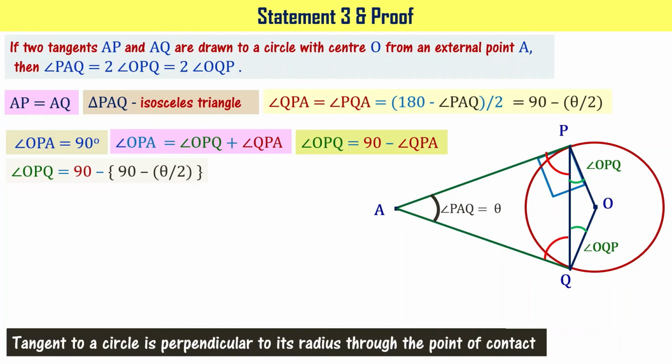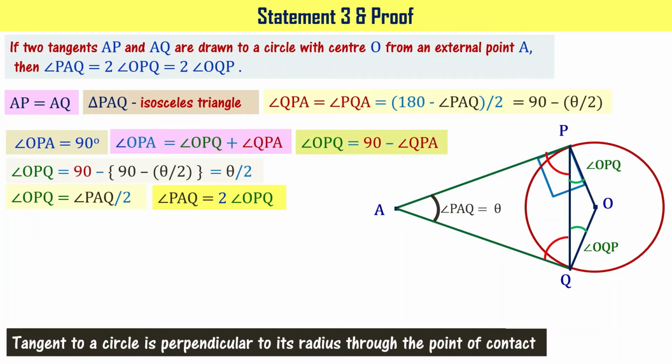And when you simplify it, you get angle OPQ equals theta by 2. Please note this. That can also be written as angle OPQ equals angle PAQ by 2, right? Let me rearrange this and write it as angle PAQ equals 2 times angle OPQ, right?